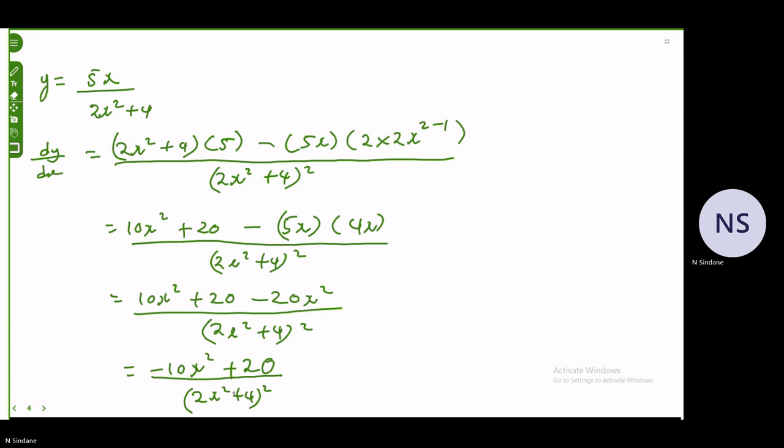You can further simplify it if you want to, which means you need to simplify or expand the bottom part. So this will give you negative 10x squared plus 20 over 2x squared plus 4, 2x squared plus 4. Let's see, from there, negative 10x squared, is it plus 20? Let me see.